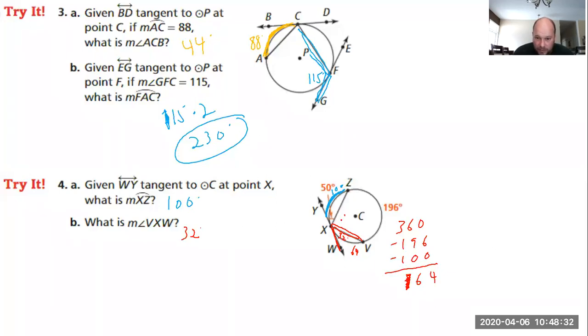So this piece would be 98. So we could then say 180 because of the straight line and subtract off the 50 for the one angle and the 98 for the other angle, which would leave us with the 32 for the last angle. So again, 2 different ways that you could approach that problem. Either way, you get the answer of 32.